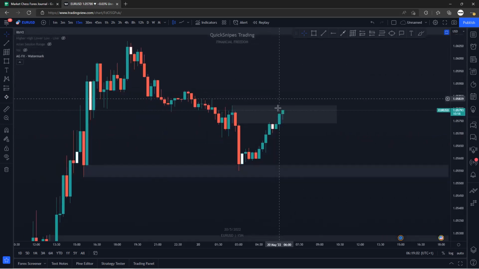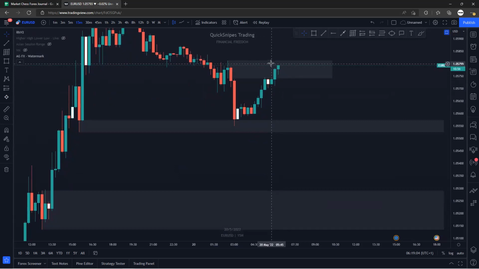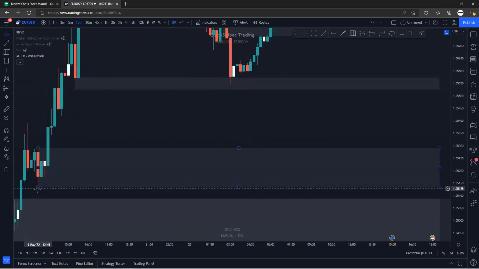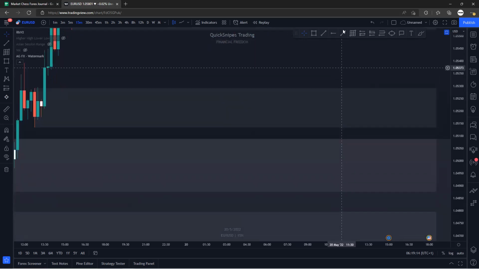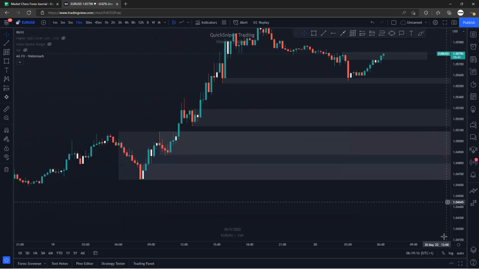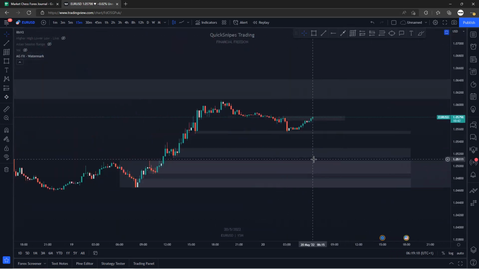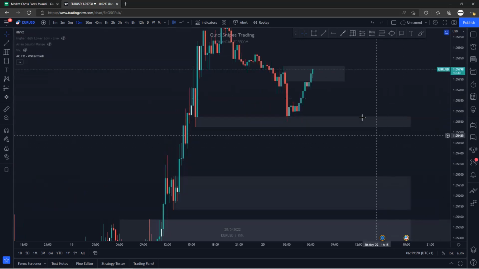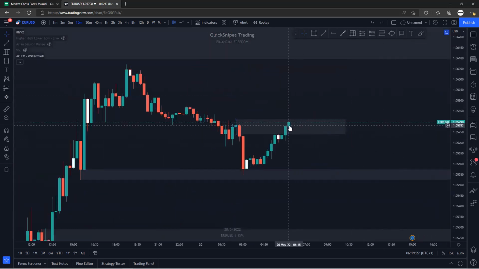Then I want to see us come down, potentially break this low, it doesn't really matter, and then come into this area in specific. And from this area, we could see potential buys on the 1 minute. And if price action just shoots straight through it on the 15 minute, then we can look to go to 1 minute. Yeah, we are looking to break that supply, which means demand would be in control on the 15 minute.